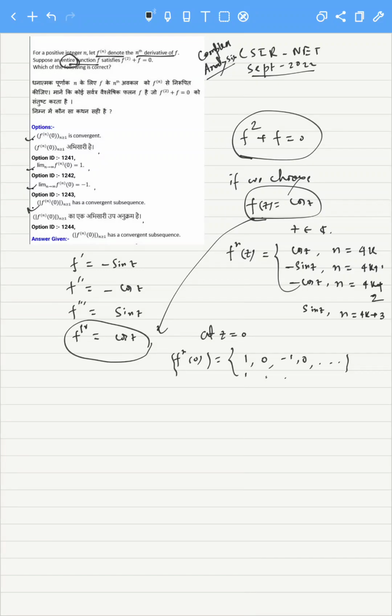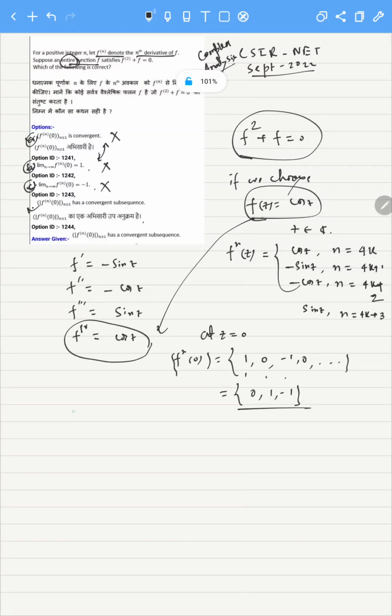The range contains only three elements, 0, 1, minus 1. So this is not a converging sequence. So the first option is wrong, and the second option is the same. First and second options are actually the same. One can do it in the same way, so even C also. So options A, B, C, three options are cut by this process.